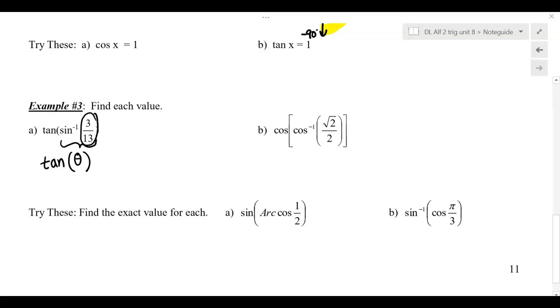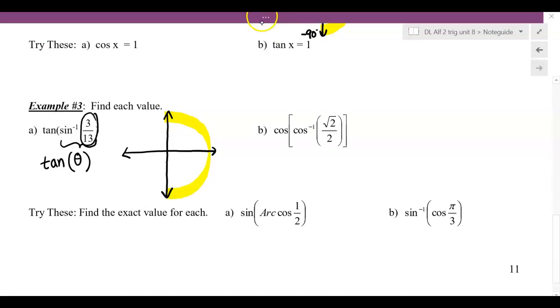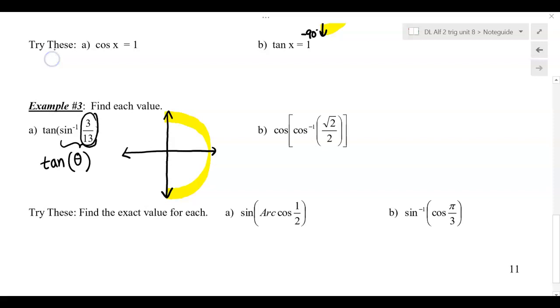But if you remember a couple of lessons back, we said, when we're given information that doesn't seem familiar to those special angles, we can still figure out some stuff about it through a drawing and see if we can go from there. So though I don't know the exact angle off the top of my head, I'm going to do a drawing. And it still is an inverse sine problem, so I still want to focus on angles in these 2 quadrants. Okay, named, if I did name them, from -90 to 90.